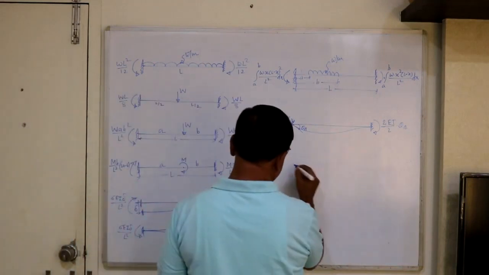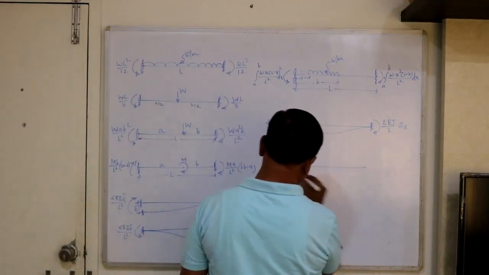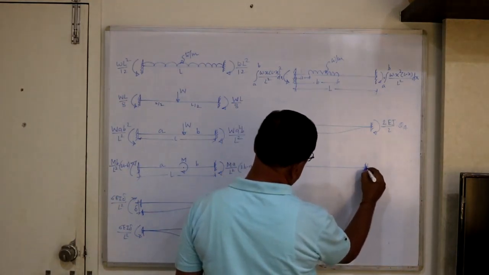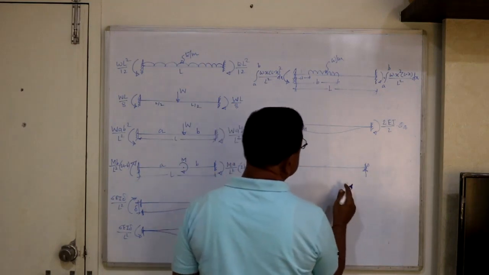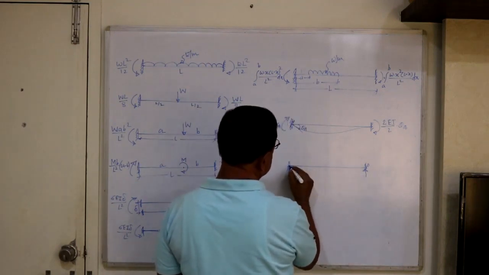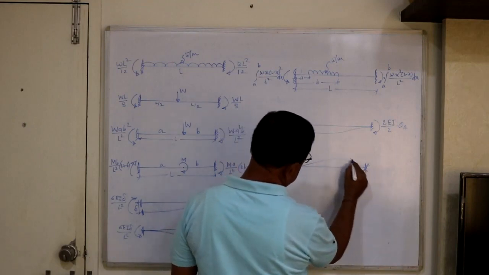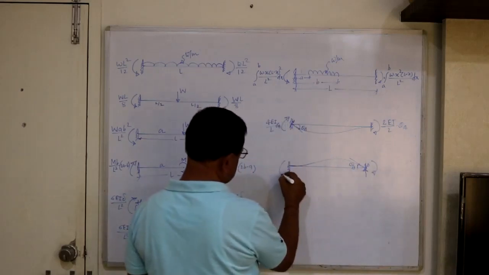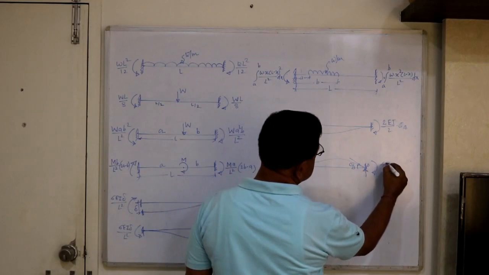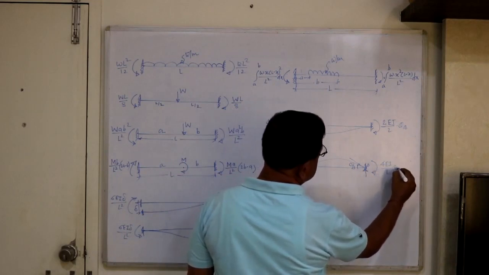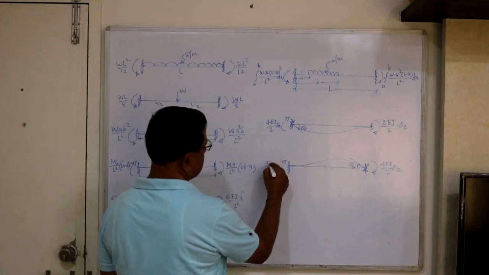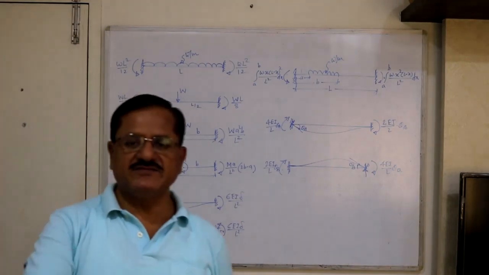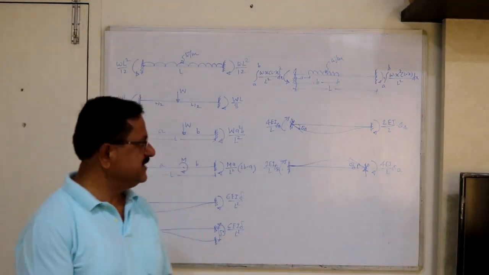Suppose for the other support, this is fixed, but we allow rotation, clockwise or anti-clockwise. If the rotation is clockwise, theta B, then the clockwise moment developed here is 4 EI by L theta B, and this is 2 EI upon L theta B. And if the rotation given is anti-clockwise, both end anti-clockwise moments will be developed, the negative moments.